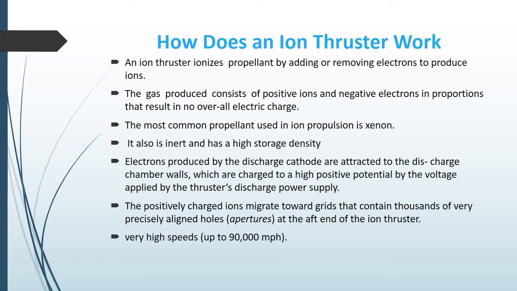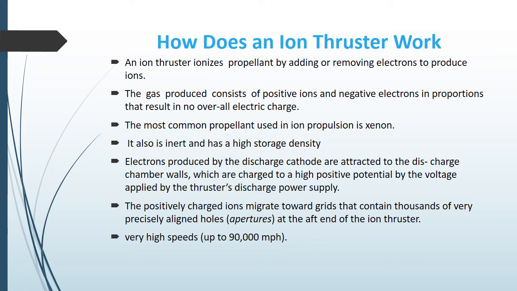In most ion thrusters, electrons are generated in the discharge hollow cathode by a process called thermionic emission. Electrons produced by the discharge cathode are attracted to the discharge chamber wall, which is charged to a high positive potential by the voltage applied by the thruster discharge power supply.